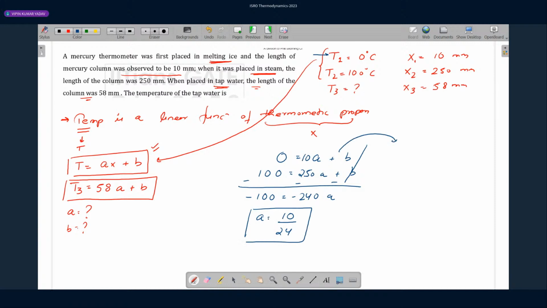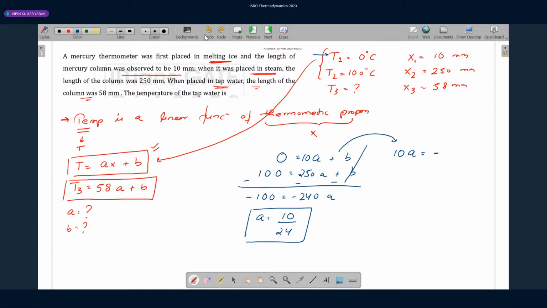Now from here, can I say 10a is equal to minus b? So a is equal to minus b by 10. But basically we need to find out b, right?